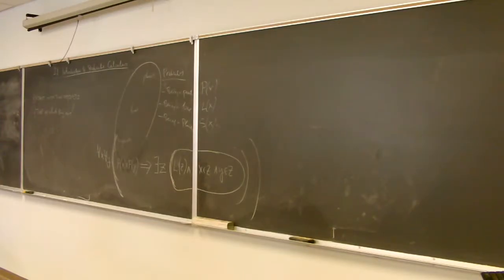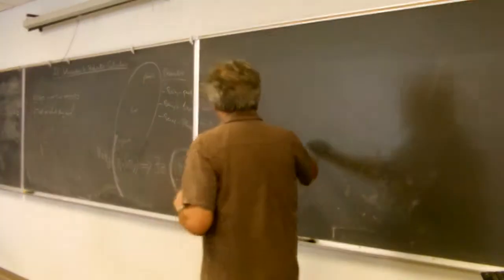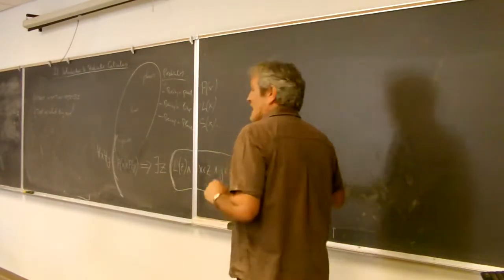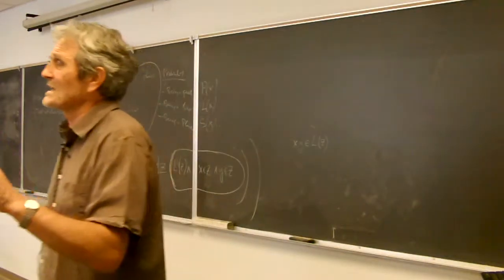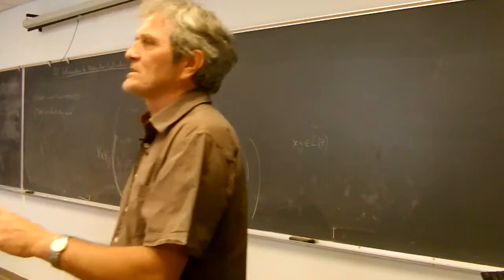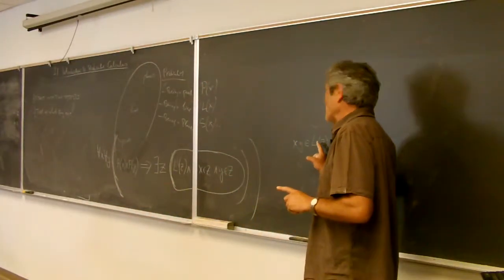Can all that stuff in the brackets be simplified to x, comma, y in L of z? Not in L of z, because you see, here it is. x, comma, y in L of z. And that's very important for you as a computer scientist. The type of the object is the crucial thing. If your type is not good, nothing makes sense. Look at this. What's L of z?